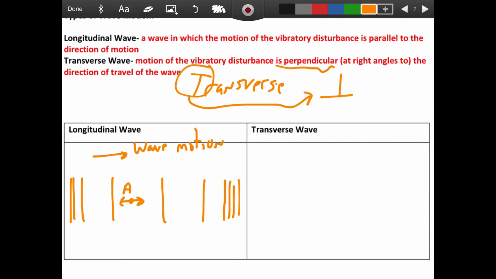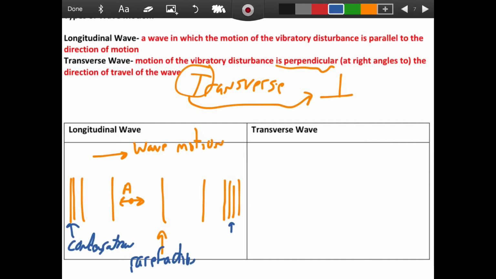In a longitudinal wave that's moving to the right, point A is free to move left and right in a parallel direction to that wave motion. Just expanding a little bit, where these lines are spread apart, that's going to be called rarefaction. And then where they're really close together, here and here, this is going to be called a condensation. That says condensation. You just have to take my word for it.